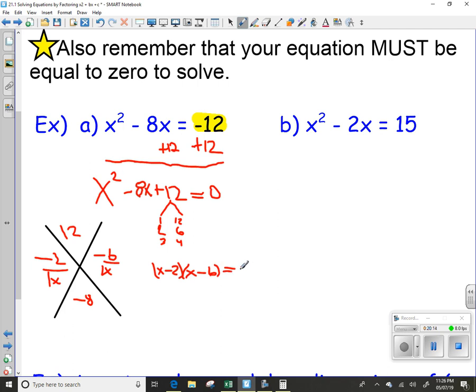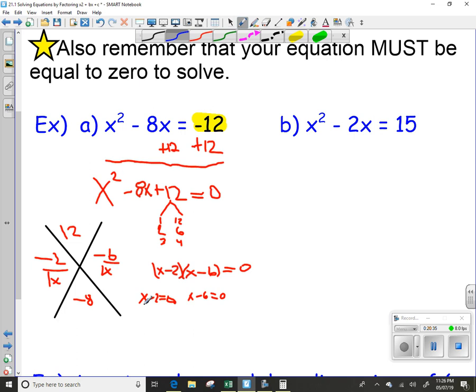Now I have my two parentheses that are being multiplied together and it's set up equal to 0. So now I can use my zero product property where I take x minus 2, set it equal to 0, and I can take x minus 6, set it equal to 0, and now I just have those two problems to solve.